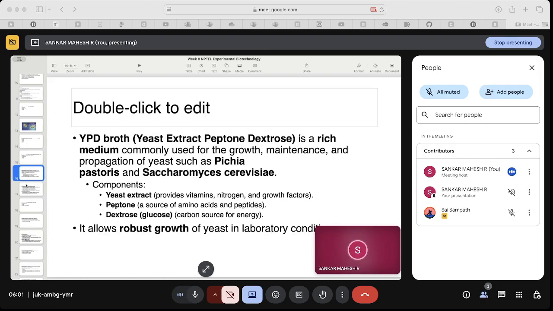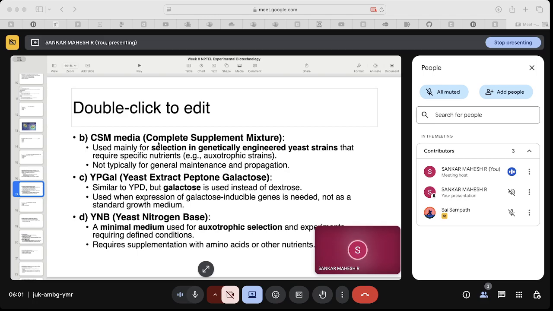First, CSM media is a complete supplement mixture. Here they use it with engineered yeast strains that require specific nutrients. For example, if we want to study a particular metabolic pathway, we usually do that by disrupting that pathway, for example, knocking out a gene.